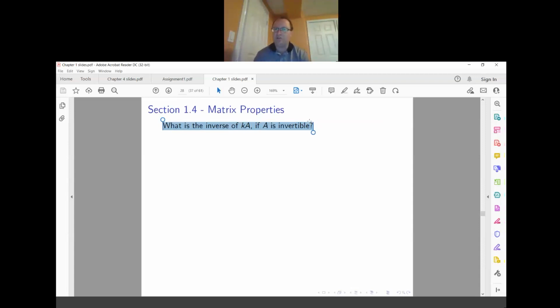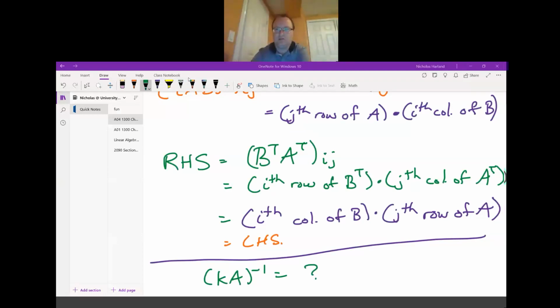So let's assume for the moment that A is invertible. So what do you think the inverse of K times A is going to be?